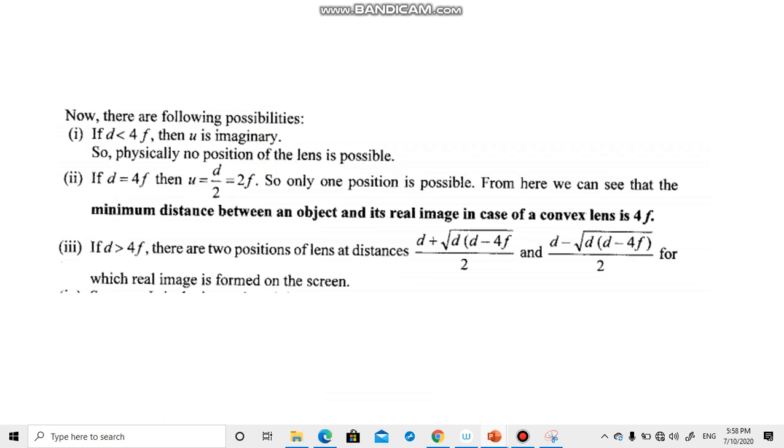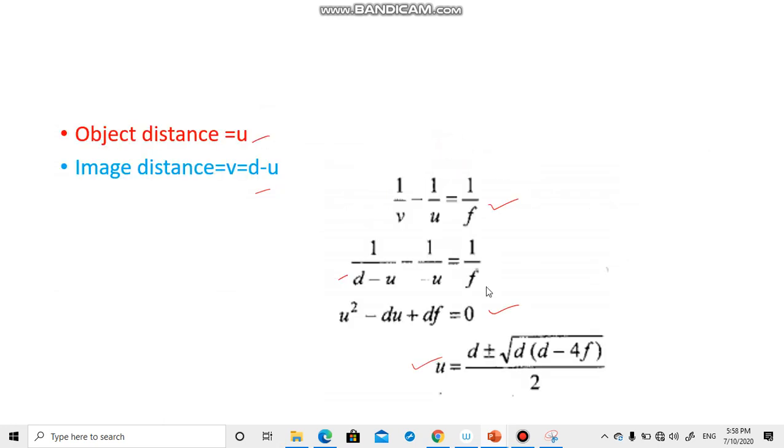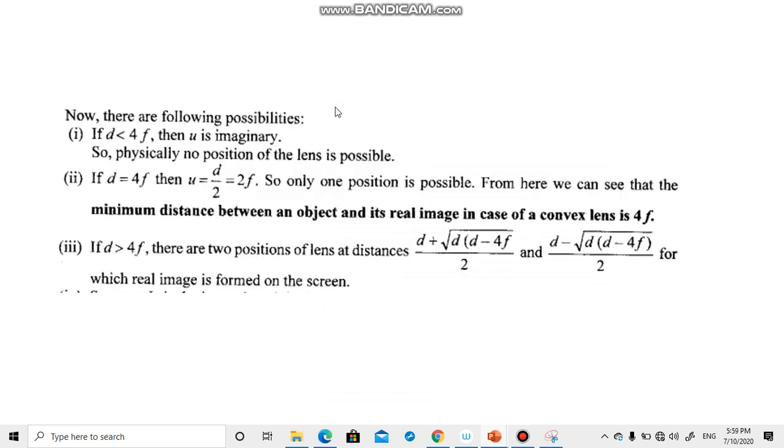So here there will be some cases. If you observe here, this whole value under the root cannot be negative. If D is less than 4F, then D minus 4F will become negative. So this under root value will become negative and it will become imaginary if you take the first case.